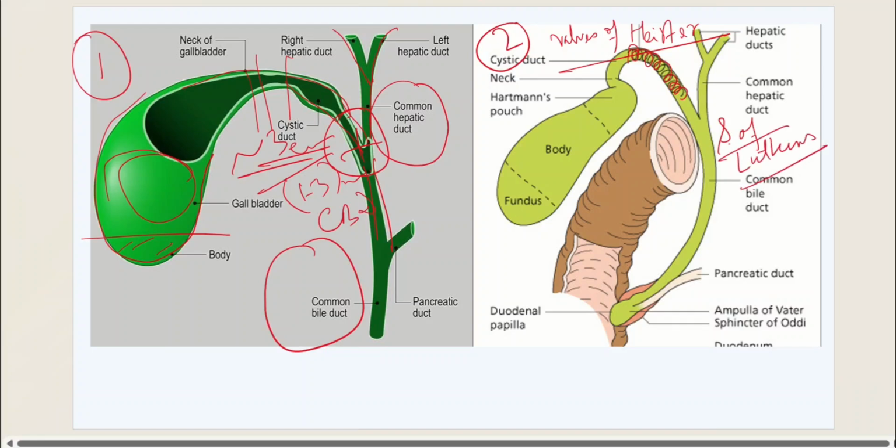These two are the important anatomical structures. Again, this is the cystic duct, and the common hepatic duct forms the CBD. This is the duodenum, and this common bile duct joins with the pancreatic duct. Can you see? This is the pancreatic duct. They join together at the ampulla of Vater. This ampulla of Vater is guarded by the sphincter of Oddi. So this is the sphincter of Oddi.